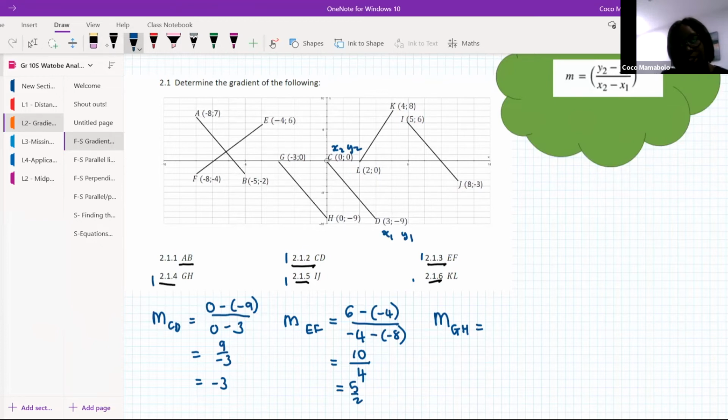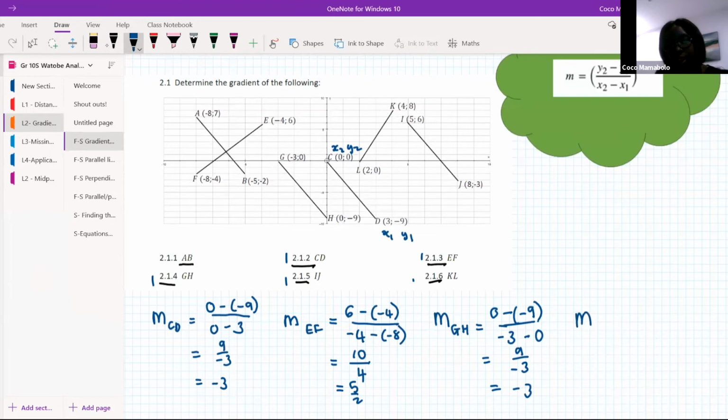Let's look at GH. GH will give me 0 minus -9 over -3 minus 0, which will give me 9 over -3, which is equal to -3.